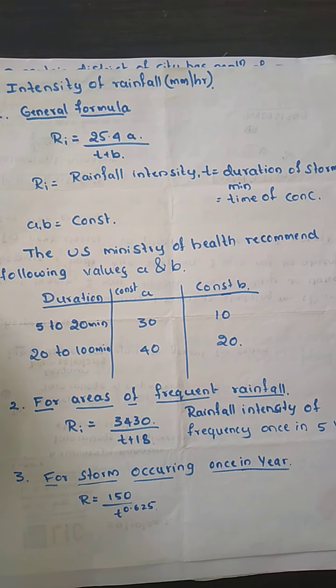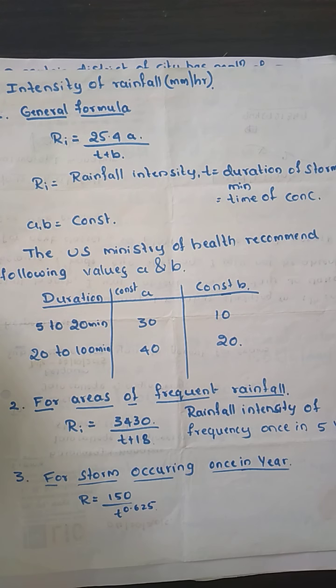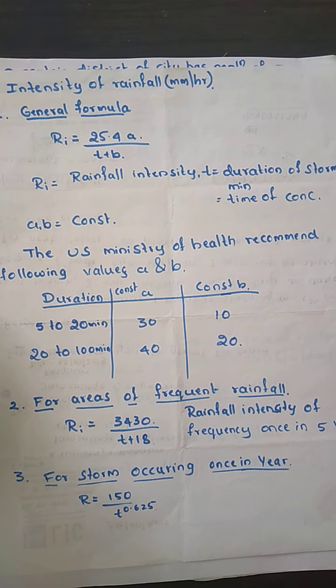The rainfall intensity can be given by a general formula, which is the US Ministry of Health formula. Here we utilize a formula to show the rainfall intensity.